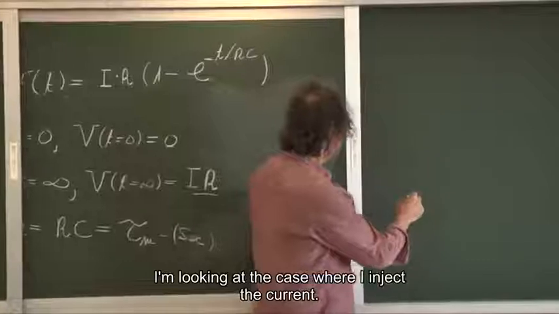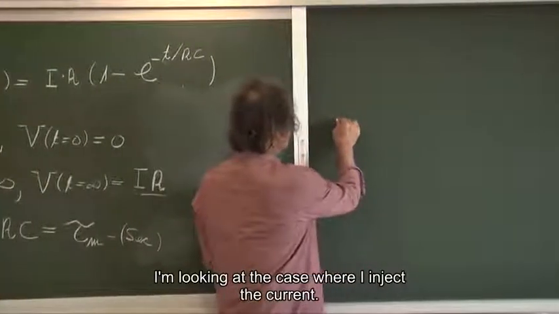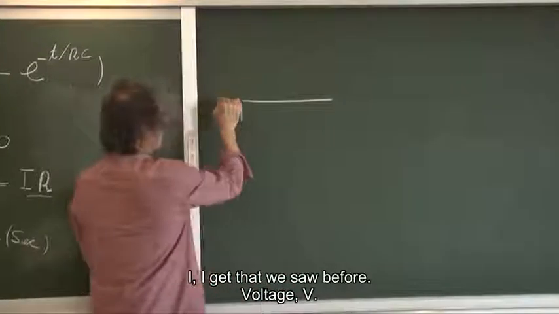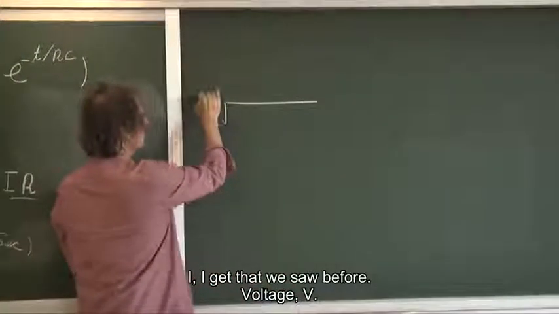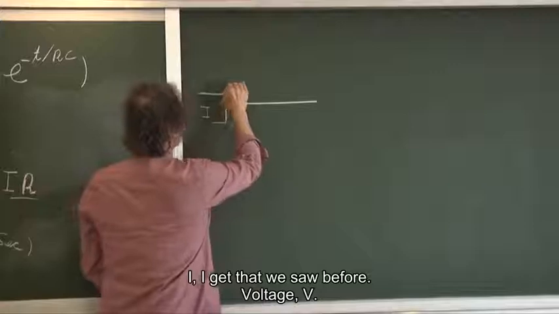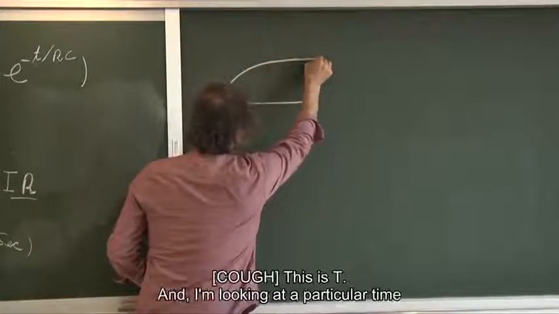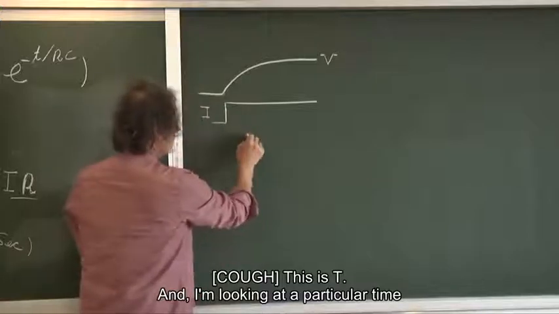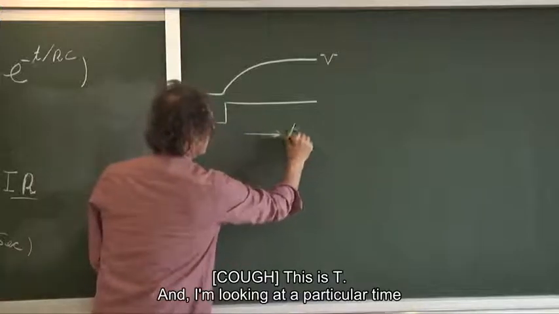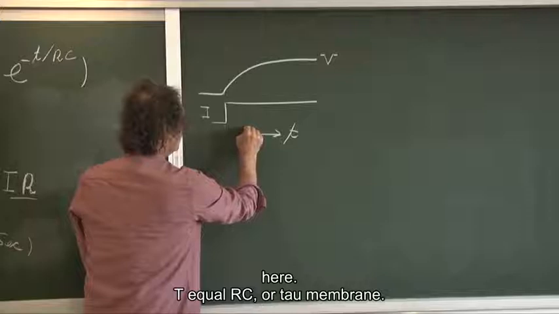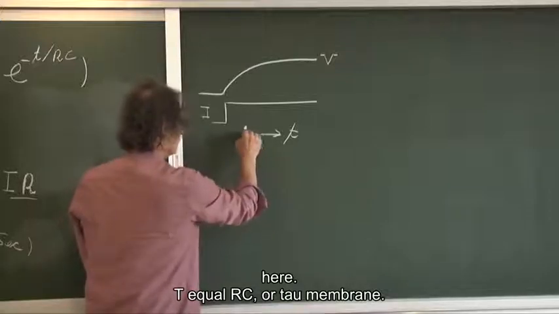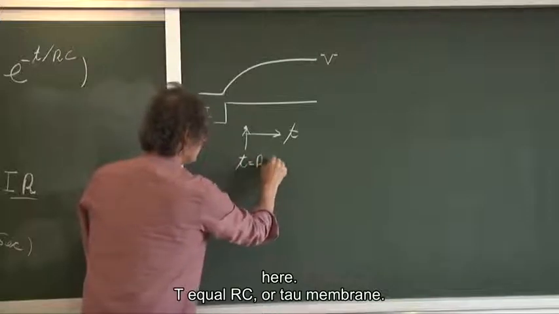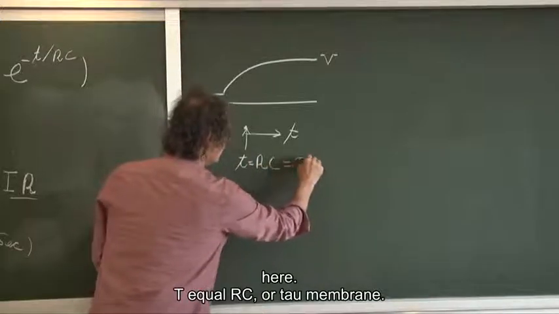So what do I really talk about? I'm looking at the case where I inject the current I, I get, as we saw before, voltage V. This is t. And I'm looking at a particular time here, t equal RC, or tau membrane.